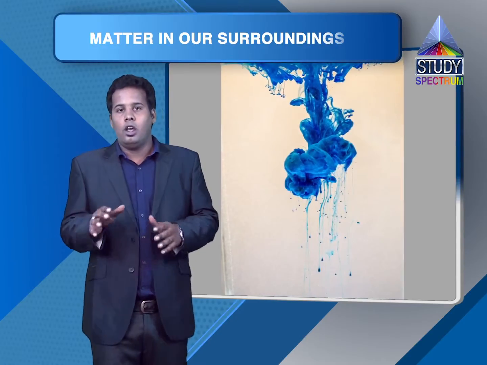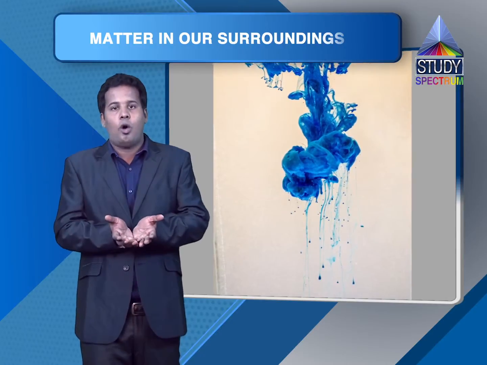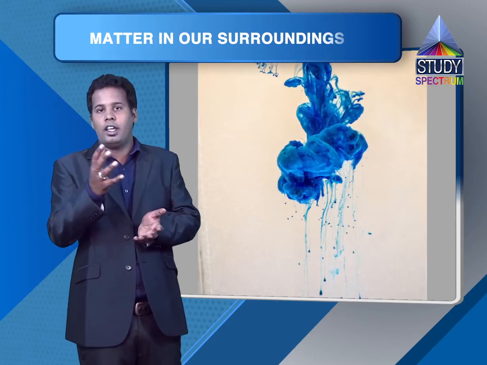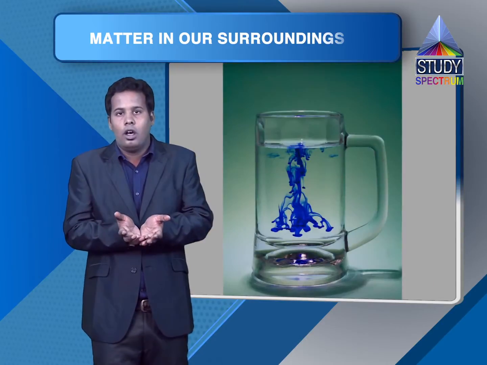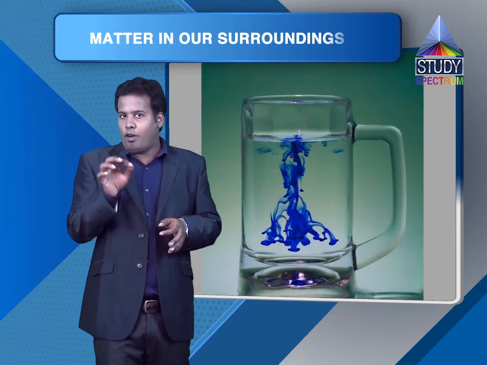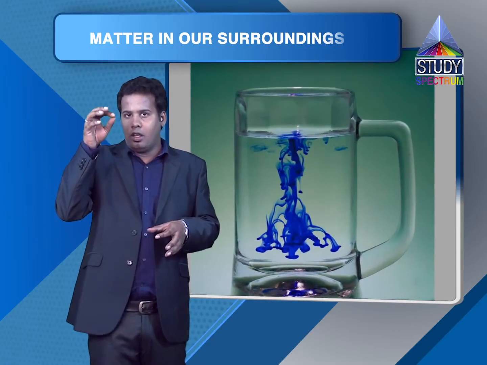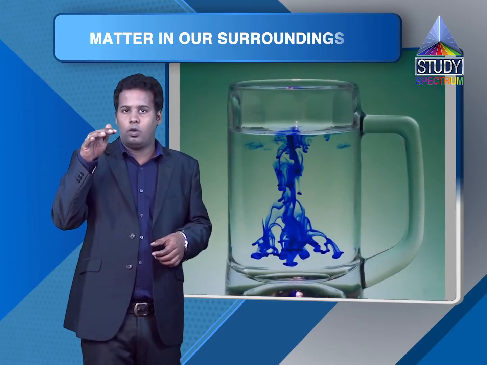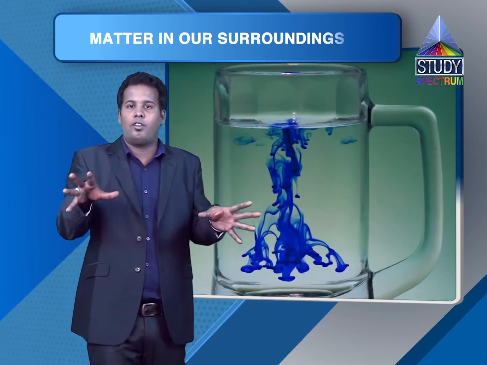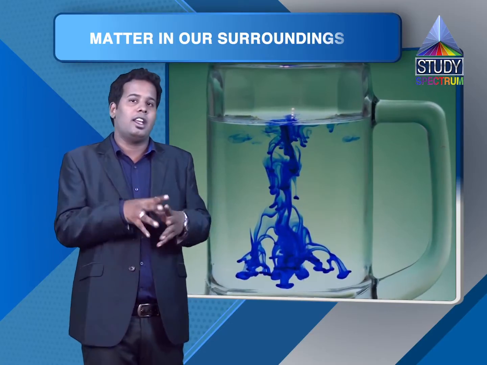Slowly, gradually, the whole volume of water will convert into blue color. That ink is blue, so the volume will convert into blue color. Now you can see the movement of that blue color, how it travels from the surface to the bottom of the beaker. You can see the spreading of the particles of that ink.